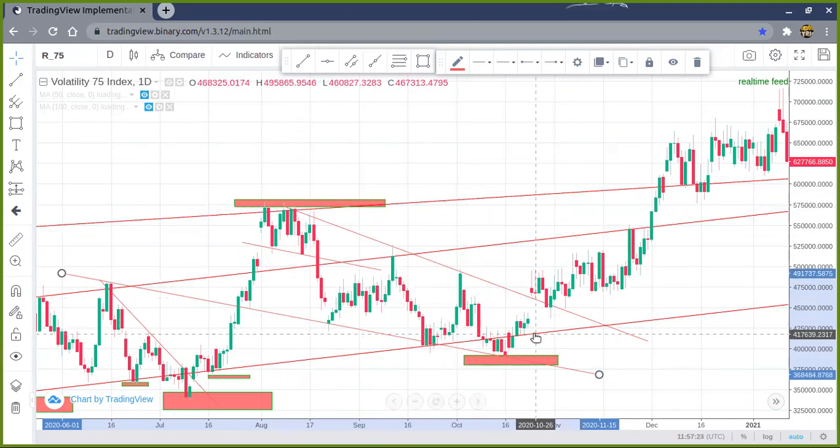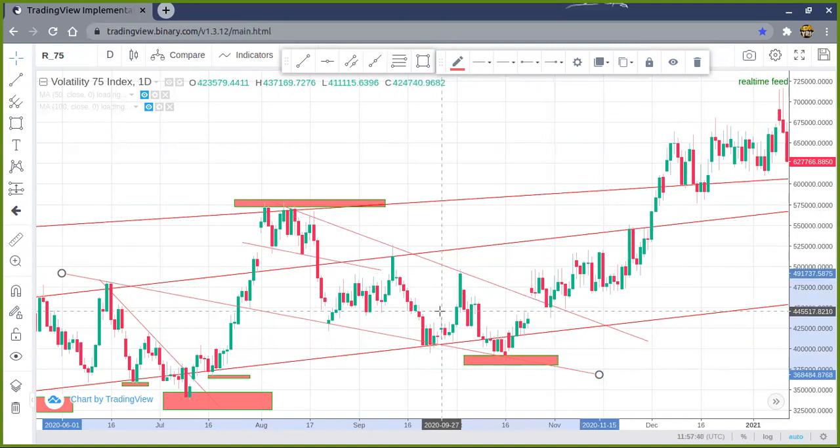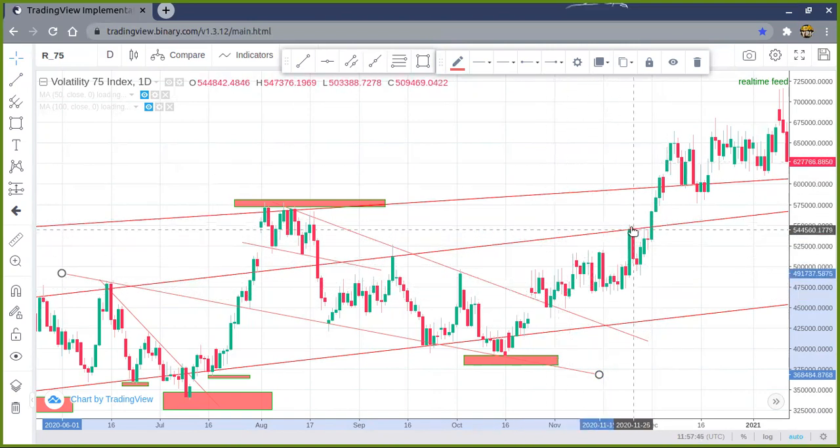It hits the top, hits the top, hits the top, then it breaks out of the wedge. At this moment, we will be considering taking trades up because the whole structure of the volatility VIX is a bullish structure. So we'll consider taking trades up.